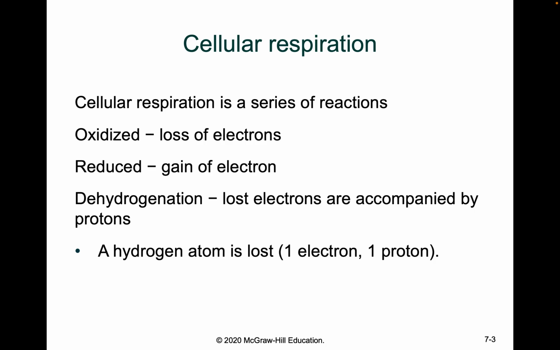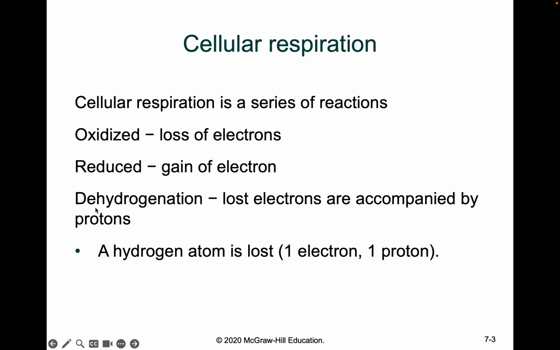We don't want to lose those electrons because they still have energy. So we have other compounds that will gain them. And that's reduction. So they're becoming reduced. When these things happen together, these are called redox reactions. And actually, cellular respiration is multiple redox reactions, which we will definitely go into in a lot of detail here in this chapter.